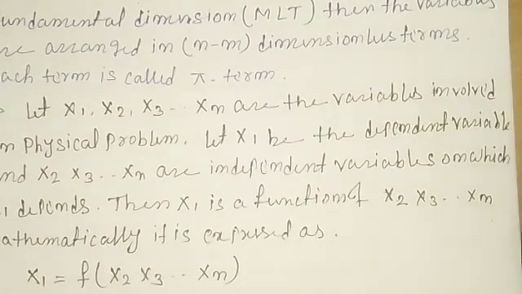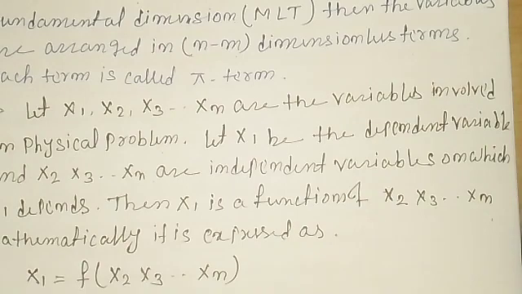So x1 depends on the rest of the variables. For example, force is equal to mass into acceleration: the total number of variables involved in this relation is 3, but force is dependent and mass and acceleration are independent. So you can say force is a function of mass and acceleration.